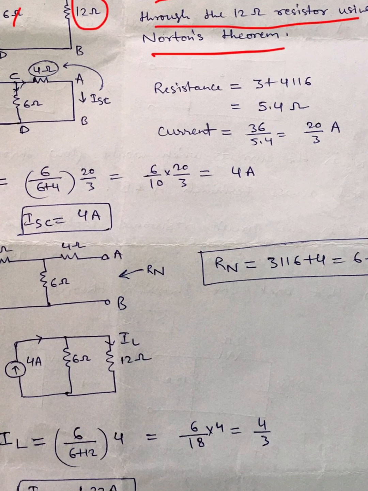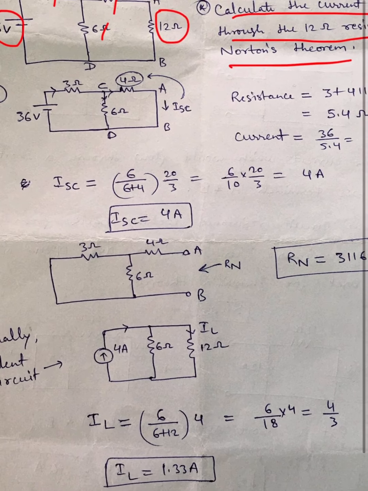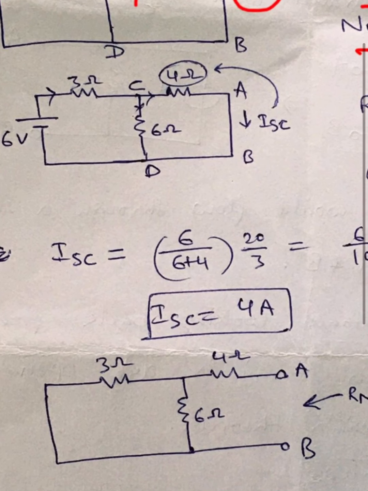In is the short circuit current. So here in this circuit, we have just removed this 12 ohm resistor, and whatever current will be flowing through this terminal A and B, this will be ISC or In, the short circuit current or the Norton's current.